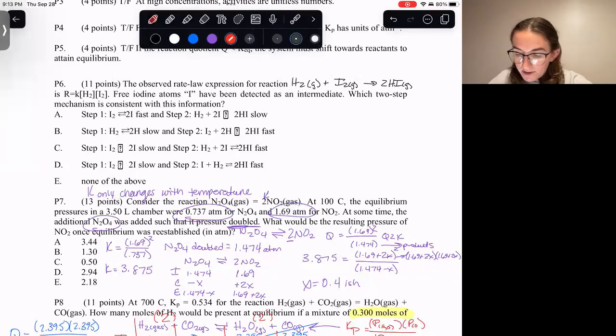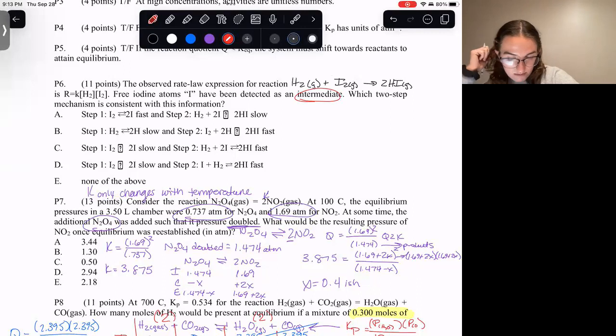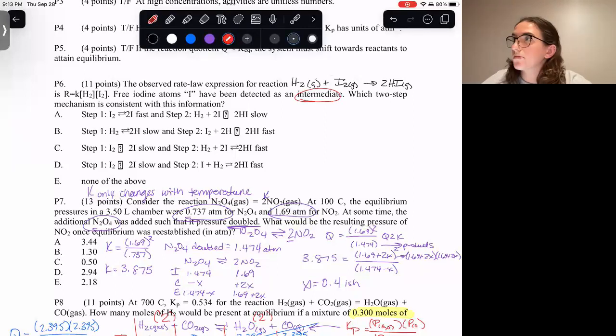Okay, so first thing you have to ask yourself is, what is an intermediate? So can someone define intermediate for me? Yep, so your intermediate will get used up in reaction, but that means that it has to be produced and then consumed.